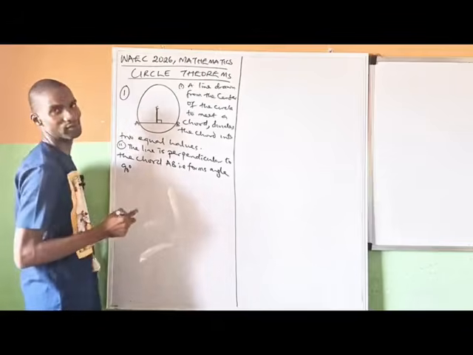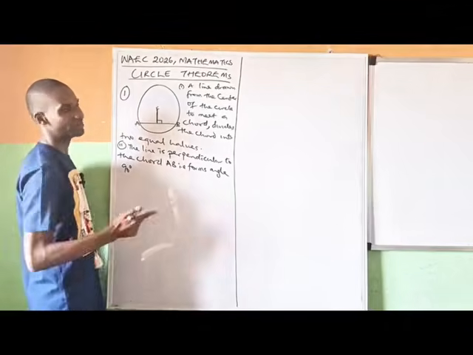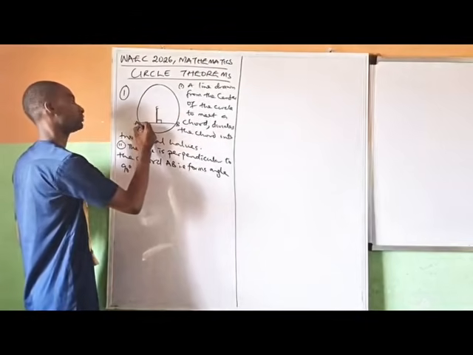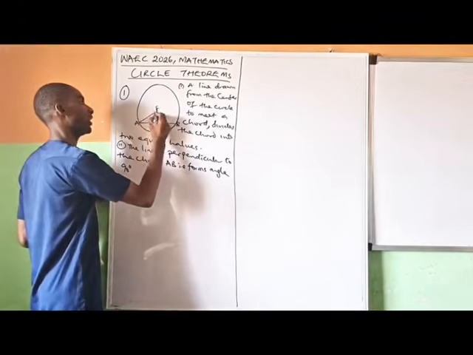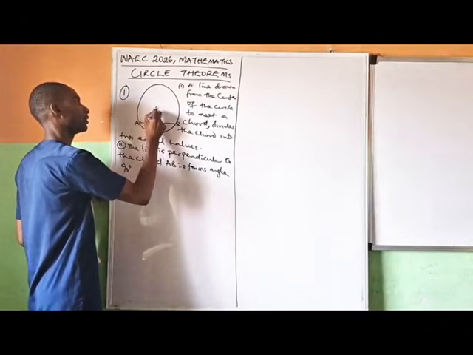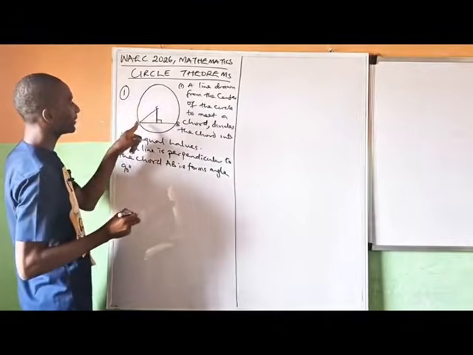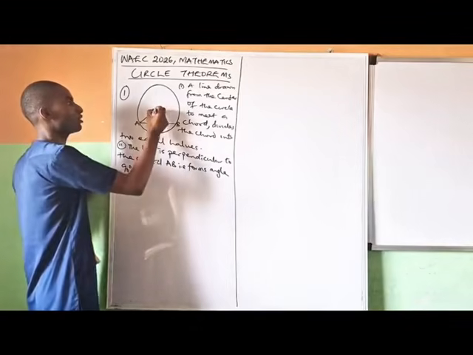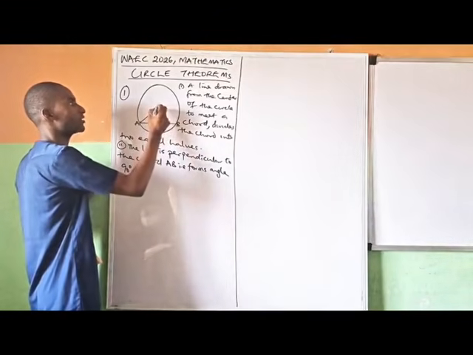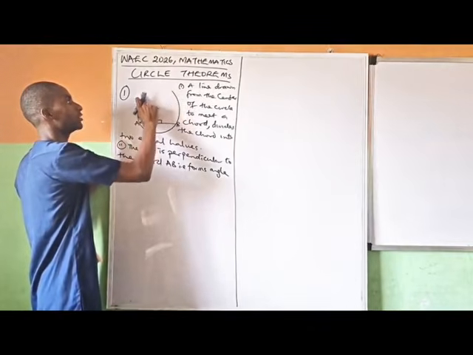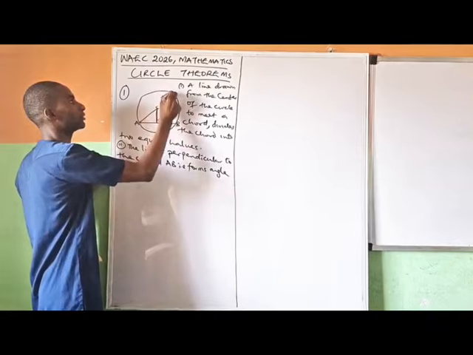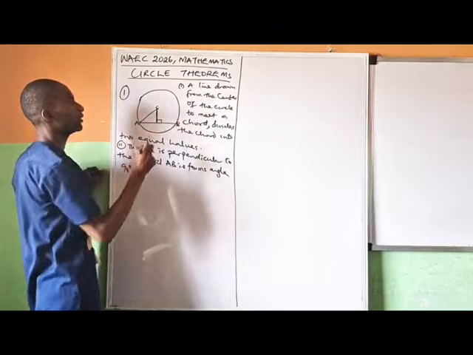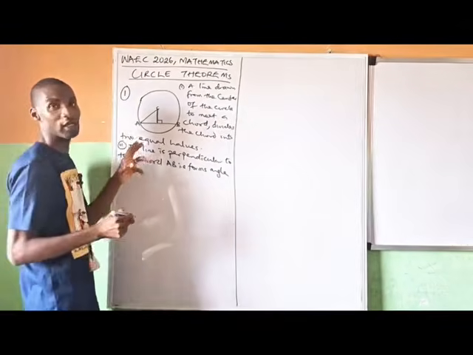Now, once that is settled, how can we apply this in answering questions? Before we go to the next one, if I draw a line here, you recall that this line is the what? Is the radius. Why is it the radius? Radius is any line drawn from the center of a circle. Yes, let me adjust this circle. Forgive the size of my circle, it's not accurate.